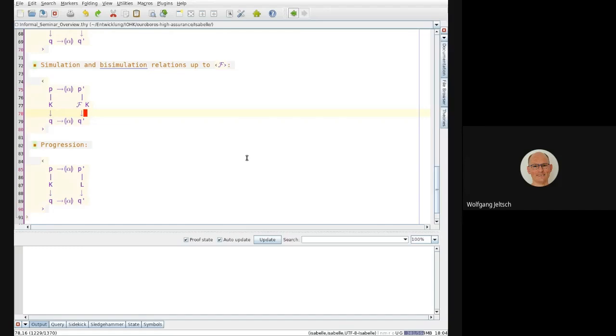This is the strong case, where both the original and the simulating transition relation are the original one. This is a rather strict one, but often you get it. For example, these basic lemmas like commutativity of parallel composition and associativity are all strong bisimilarities. So this is the first situation where it is useful to have both relations being the same, both being strong.